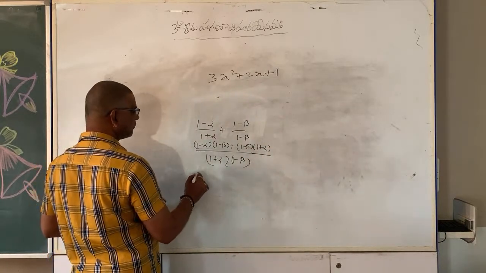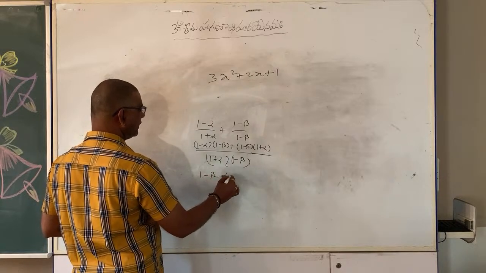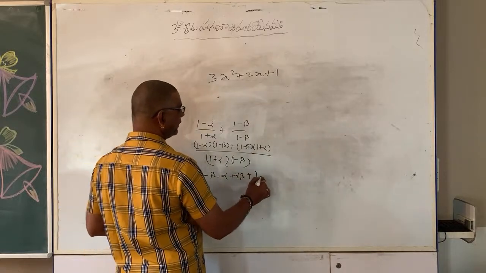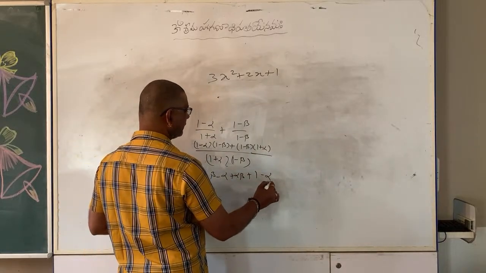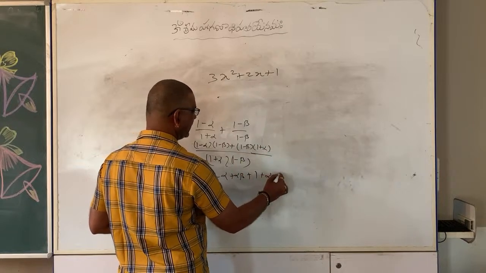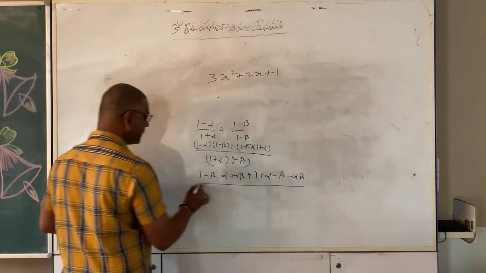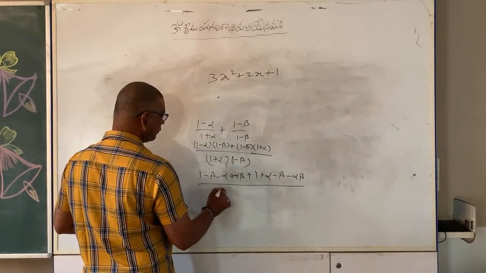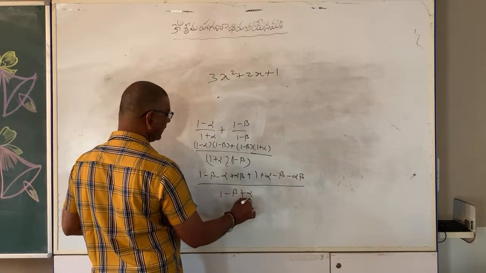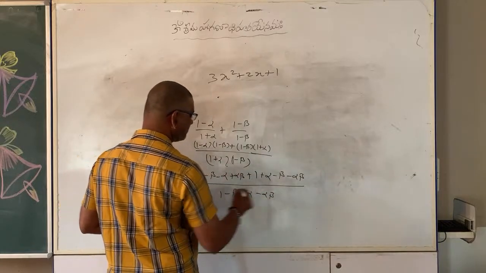Simplify this. 1 minus beta minus alpha plus alpha beta plus 1 minus alpha plus alpha minus beta minus alpha beta by 1 minus beta plus alpha minus alpha beta.